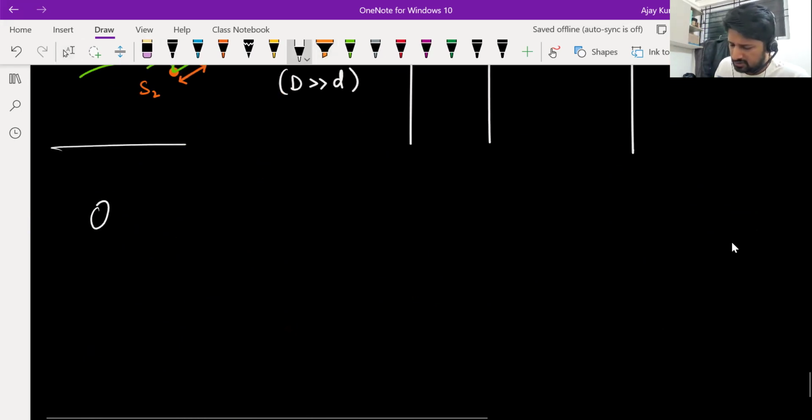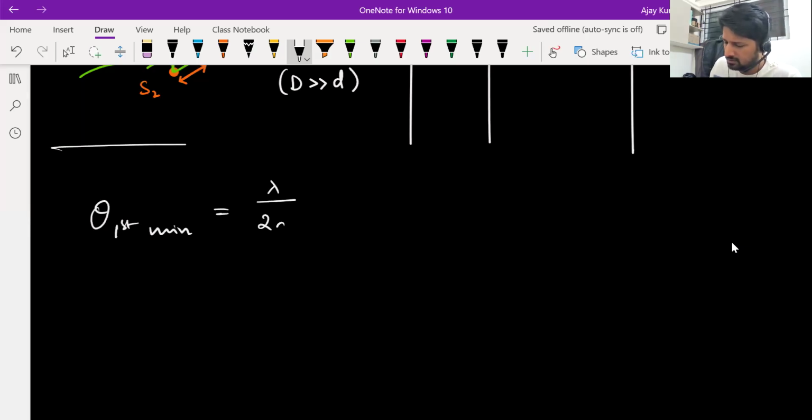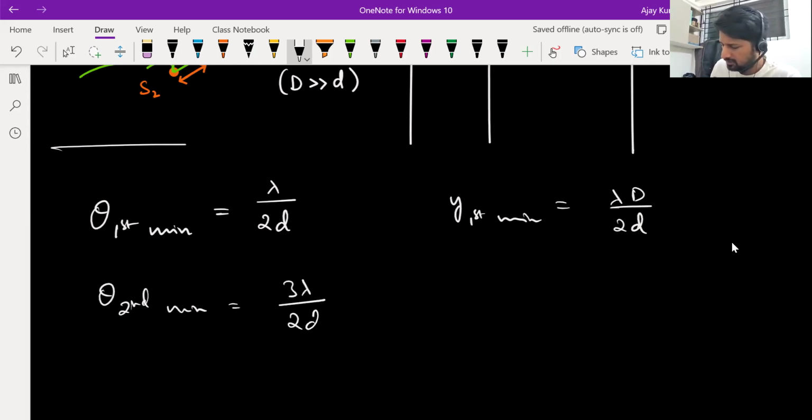So angular position of the first minimum, we'll do this quickly. Path difference is lambda by 2, so it is lambda divided by 2 small d. And y coordinate of the first minimum is lambda capital D by 2 small d. Next, angular position of the second minimum will be 3 lambda by 2 small d.